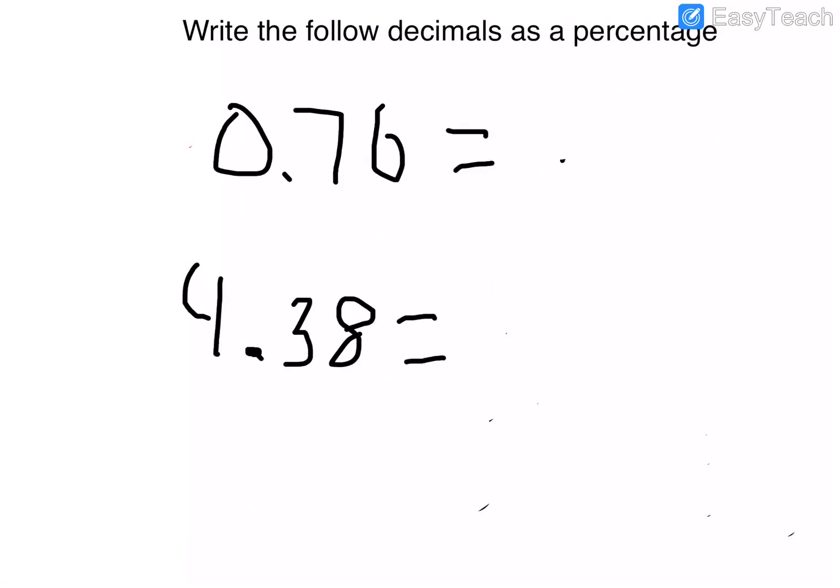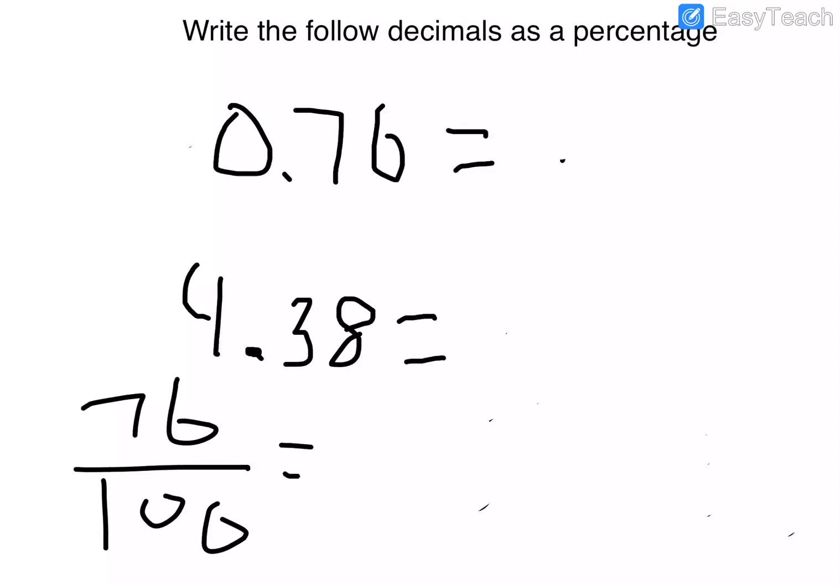Okay, so now you're going to be converting decimals into a percentage. It's like fractions. So you see the 76 right here? You can convert this into a fraction, which makes it 76 over 100, and that equals 76%.